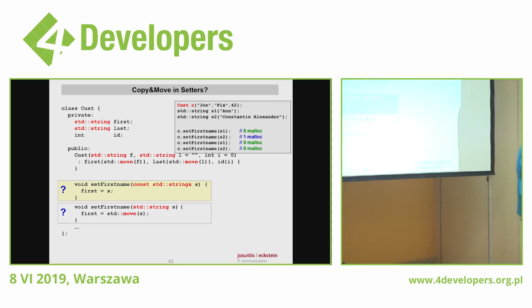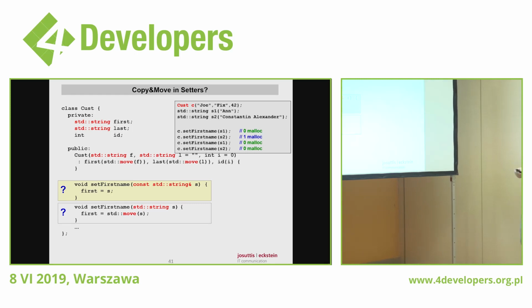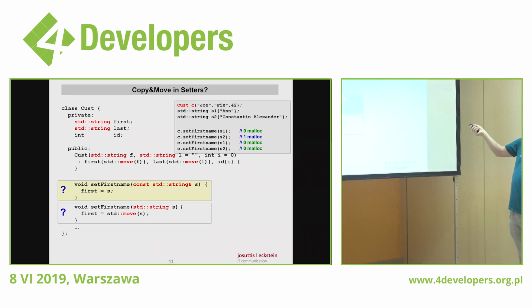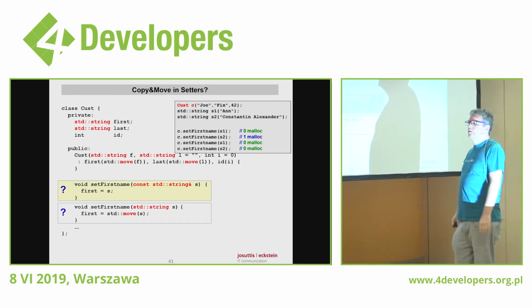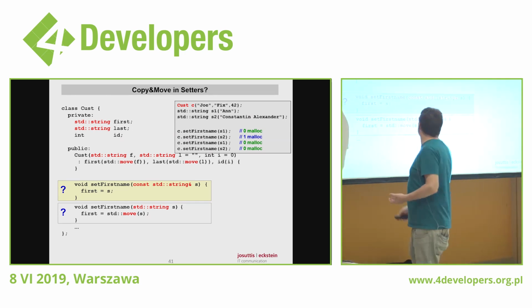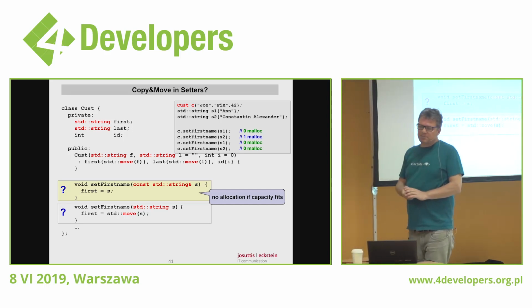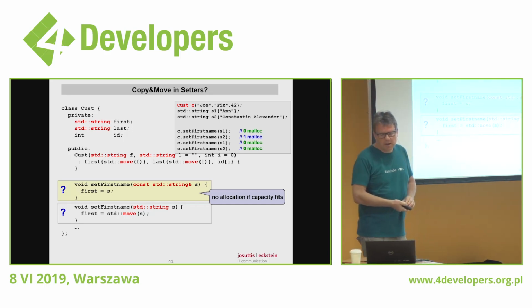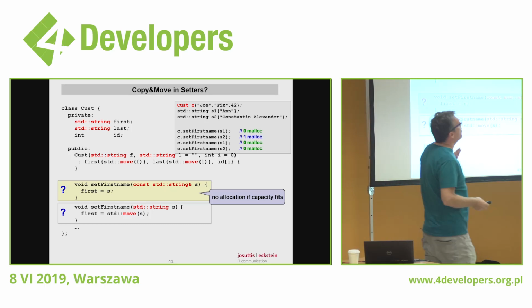So let's create two strings, a short string and a longer string, and let's initialize the customer C and then set the first name to N, then to Konstantin Alexander, then to N, and then to Konstantin Alexander again. Thanks to capacity management of C++ string types, this will only allocate once.